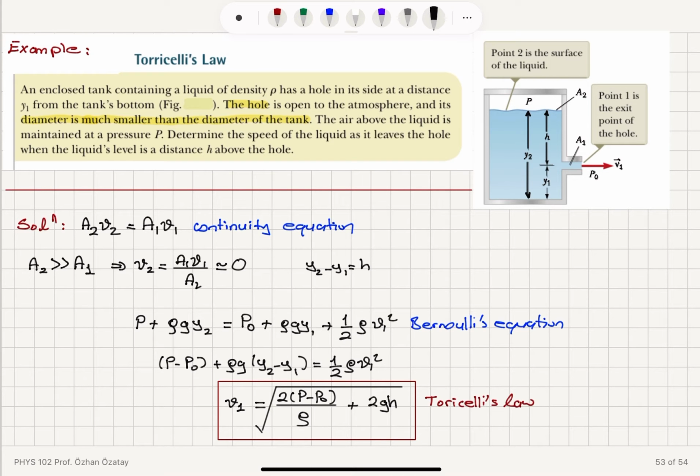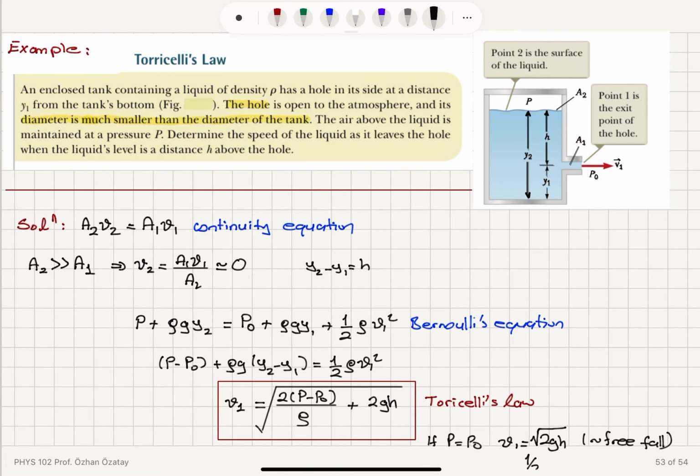Okay, and what happens if this pressure is P0? So if this was open to atmosphere, in that case, if P is equal to P0, I would obtain V1 is equal to the square root of 2gh. So if I have the same pressure on both sides, that's basically corresponding to the free fall case.